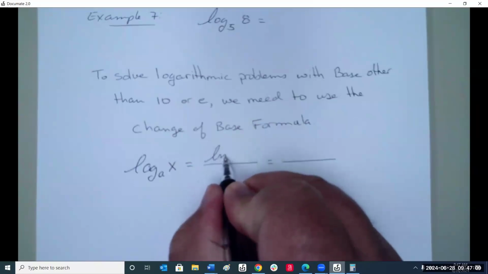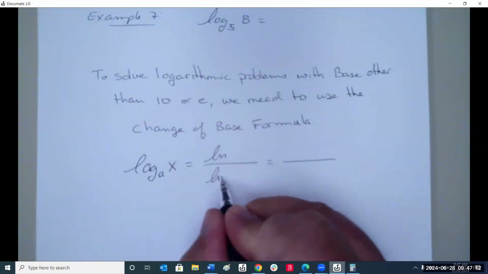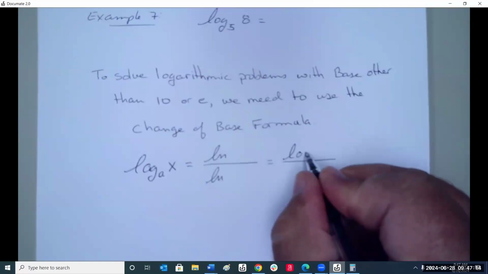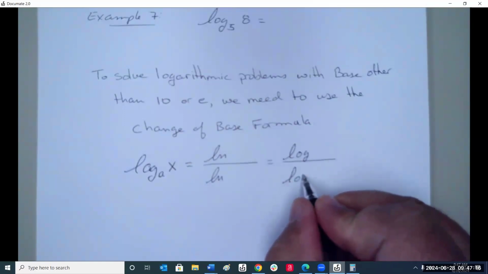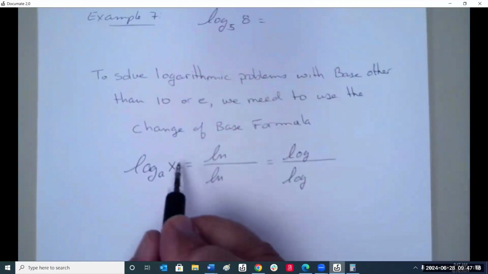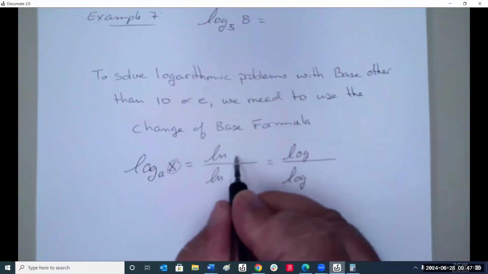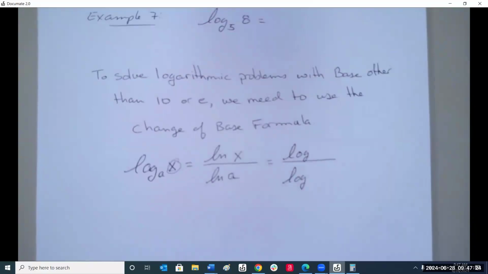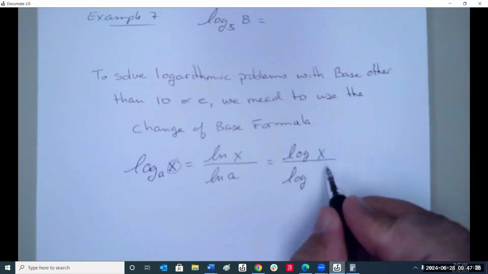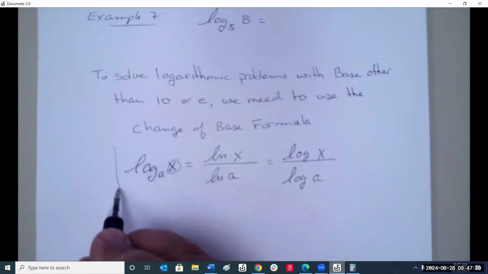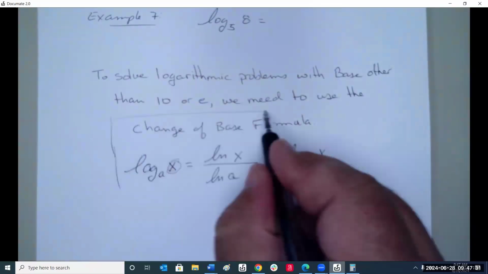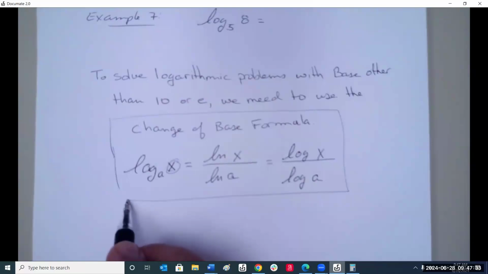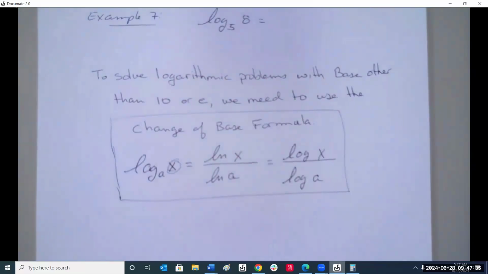We can either use ln or we can use log base 10. The answer goes up on top and the base goes on the bottom. This is the change of base formula, because it's the ratio that's important.